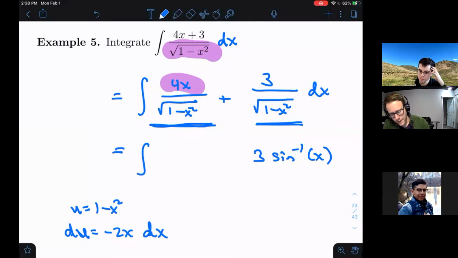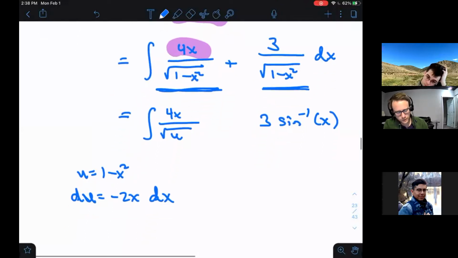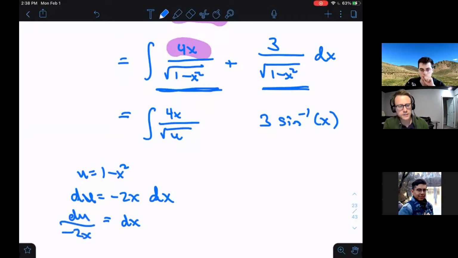And so, okay, let's do the rewrite here. So we're going to have 4x divided by square root of u. U is going to be my 1 minus x squared. And then if we go ahead and solve, instead of dx, we're going to be integrating with respect to du. I'm going to do dx is equal to du divided by negative 2x. And so this is going to be du divided by negative 2x. We can see that there's some canceling that happens. The x on top and bottom, excellent.